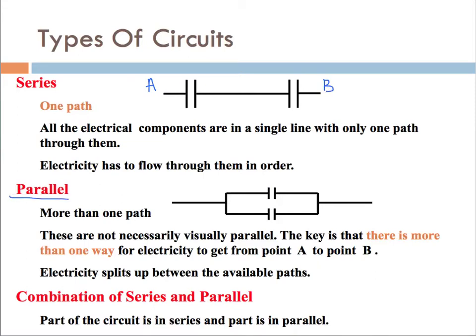Parallel circuits have multiple paths. So if I want to get from point A to point B, I could either take the top capacitor, or I could take the bottom capacitor. This means that there is more than one path, so I'm dealing with a parallel. And then we can have a combination of series and parallel, which is our last example for this video.